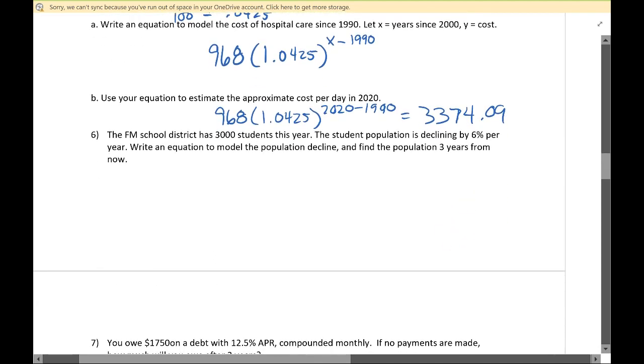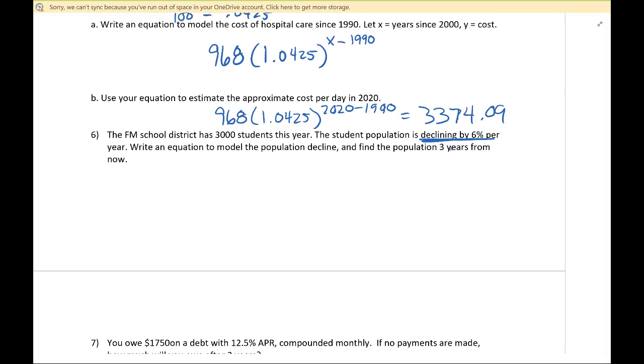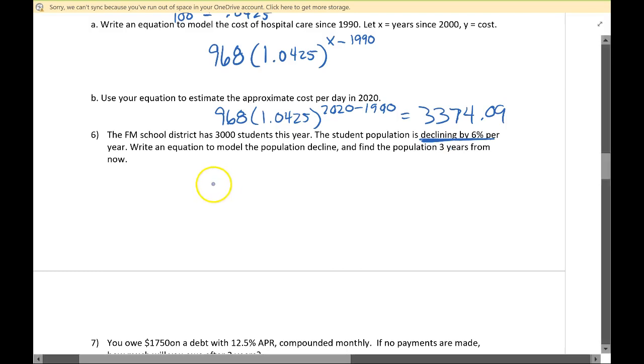All right, so FM School District has 3,000 students, and it's declining by 6% a year. So if they're losing 6% a year, their remainder is 94% of their students. So 3,000 times 0.94. 0.94 is 94% as a decimal. And we do want this to the x because it's happening over a period of time, multiple years.